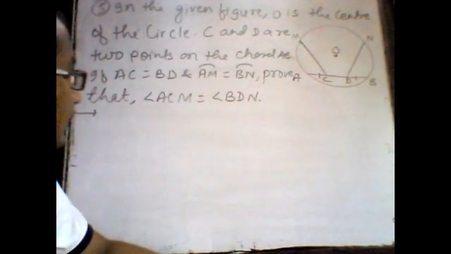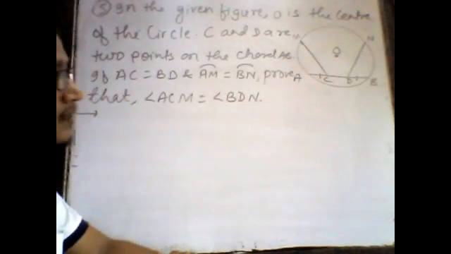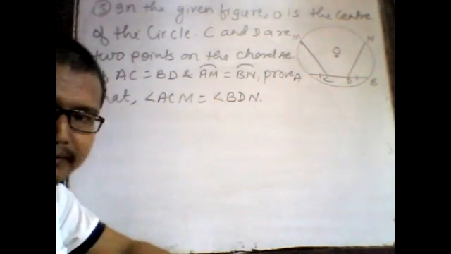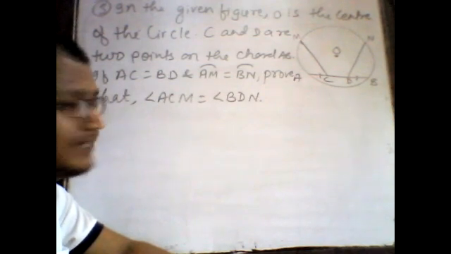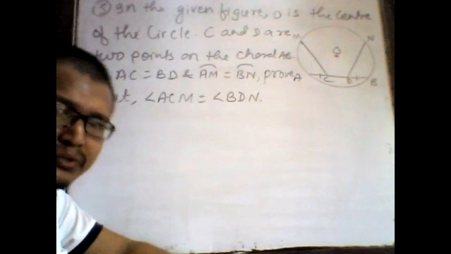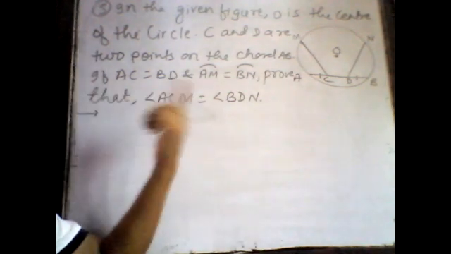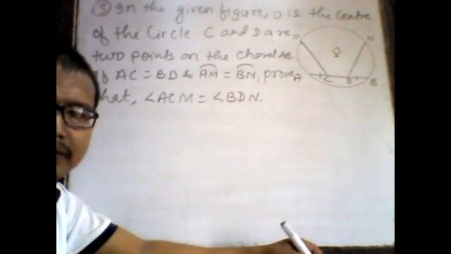That will prove that angle ACM equals angle BDN. But these angles ACM and BDN are neither on the circumference nor at the center. So we don't have a direct relation.